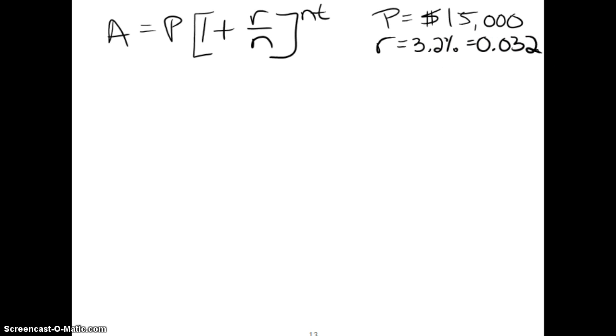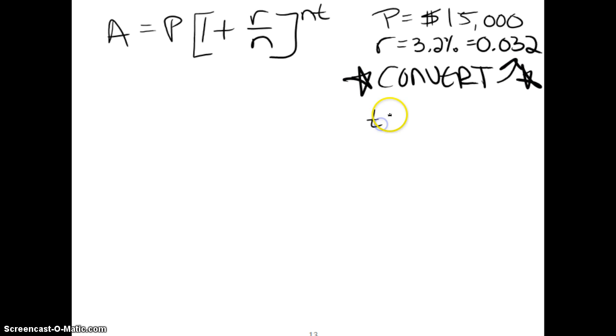You have to convert to fraction. You have to convert. Do not forget to convert to either a fraction or a decimal. It's very important. My time is 2 years. And my n is the number it happens a year. Well, if it's semi-annually, that means that it's twice a year, so it's 2 times. So I go ahead and plug everything.